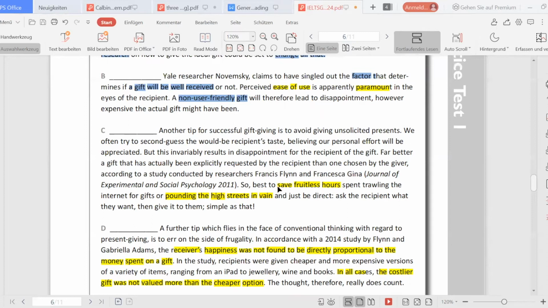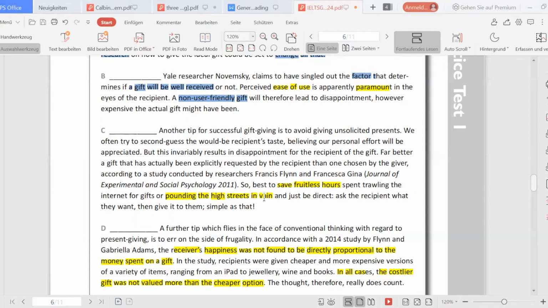So: fruitless hours spent trolling the internet for gifts or pounding the high streets in vain. This is also a strong adjective. Fruitless hours and in vain. So this sentence for me was enough to figure out the answer to this question.